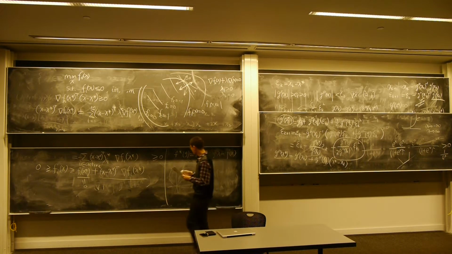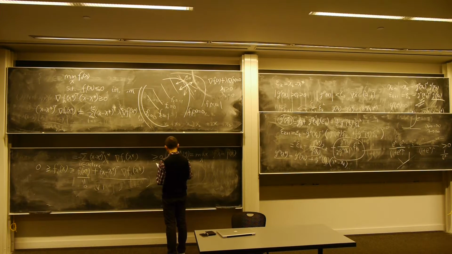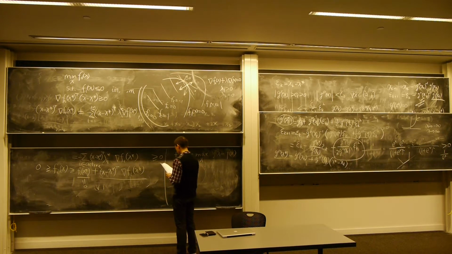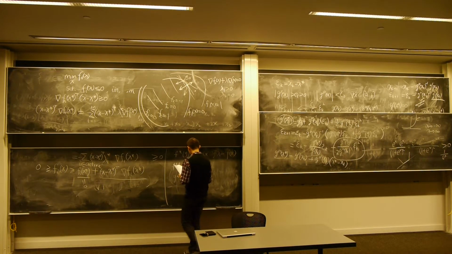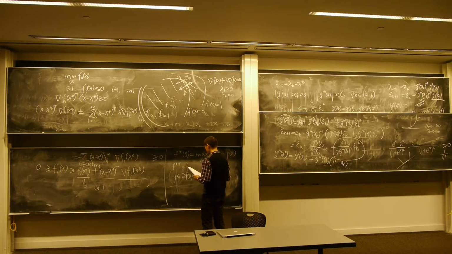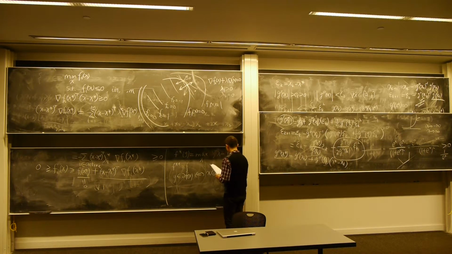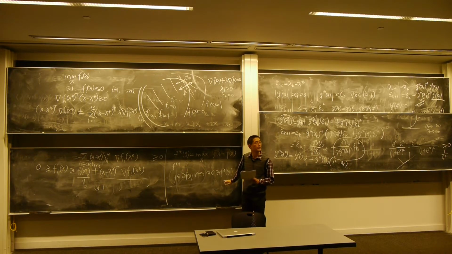And assuming f double star equals f, you're asked to prove the equivalence of this and this. Did you all get this question correctly?